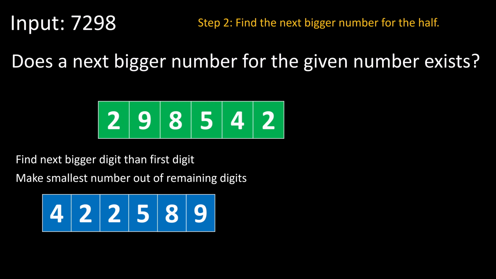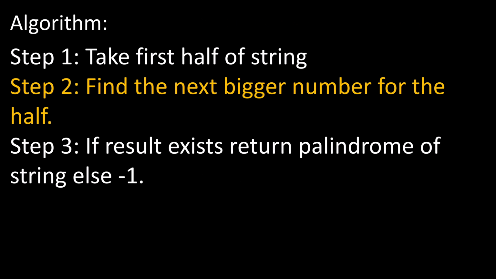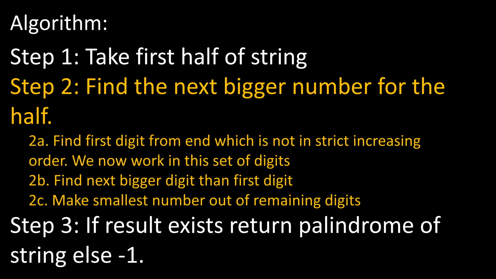Talking about the algorithm that we discussed, we started with taking the first half of the string and we were trying to find out the next bigger number for the half. If the result exists, we return the palindrome, else we return -1. To further break down step 2, we can put in these steps.